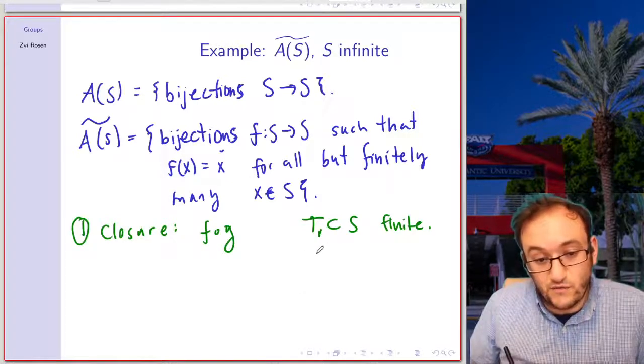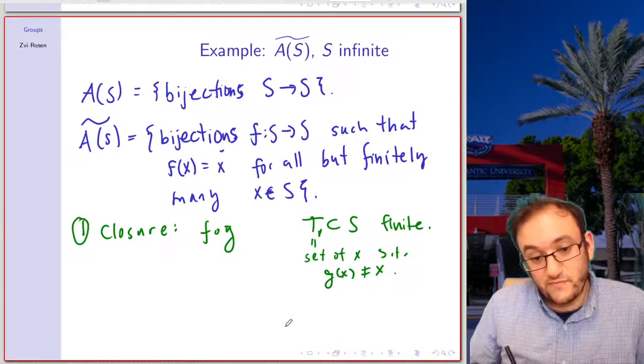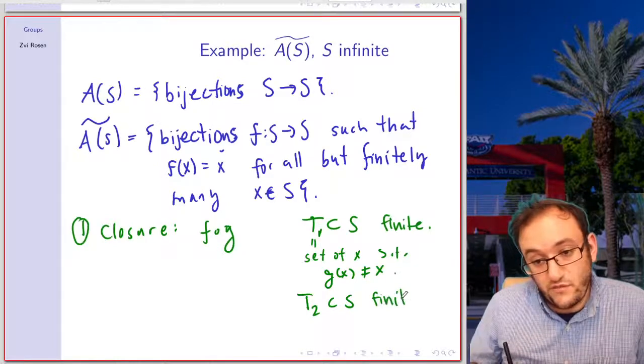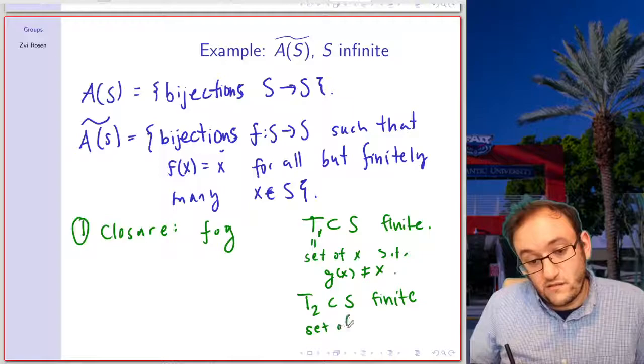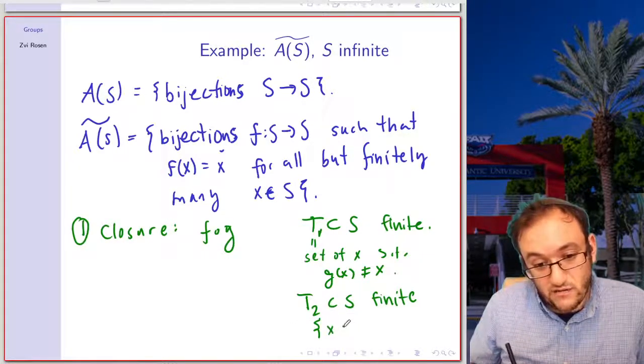This is equal to the set of X such that G of X is not equal to X. And similarly, T2 is another finite set defined as the set of X such that F of X is not equal to X.